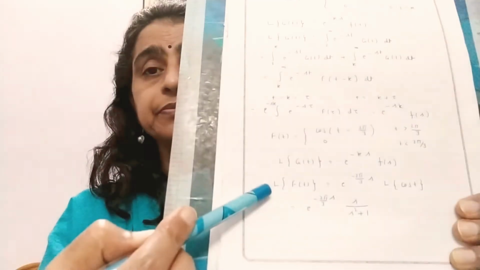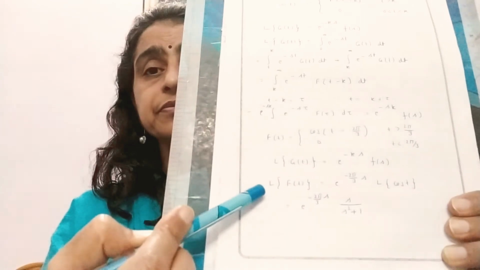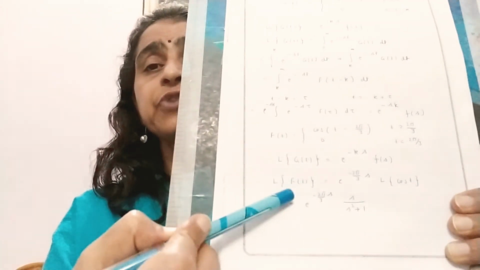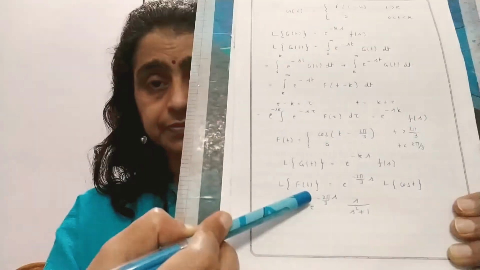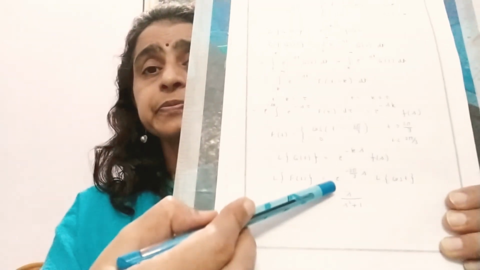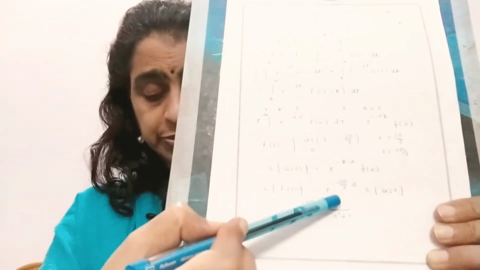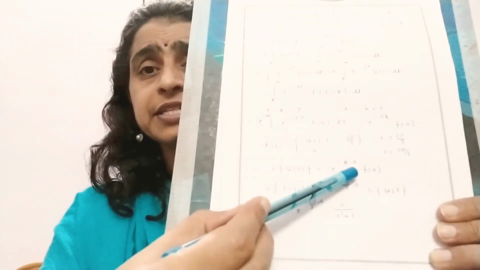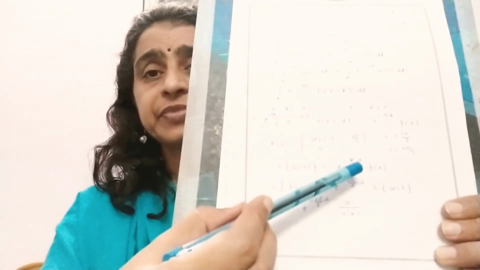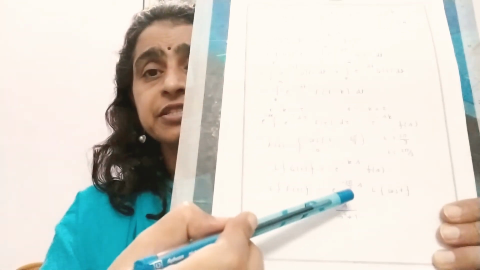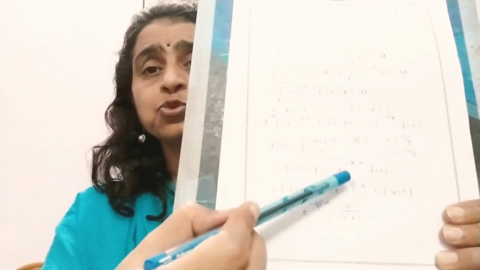So on the left hand side, write down L of f(t), the Laplace transform of the function, equal to, on the right hand side, exponential of minus ks. Now k was derived equal to 2 pi by 3.